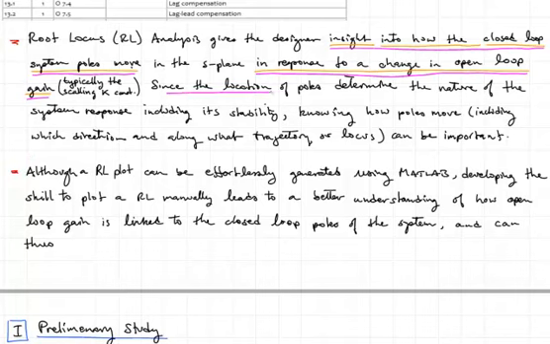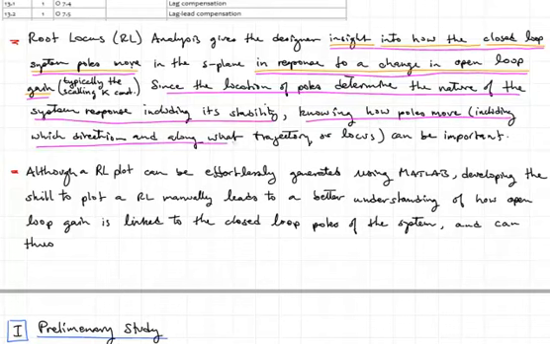Okay, since the location of the poles determines the nature of the system response, including its stability, knowing how poles move, including which direction and along what trajectory, can be important. In other words, we can gain insight into how changing a gain parameter moves or displaces the poles, and in which direction.